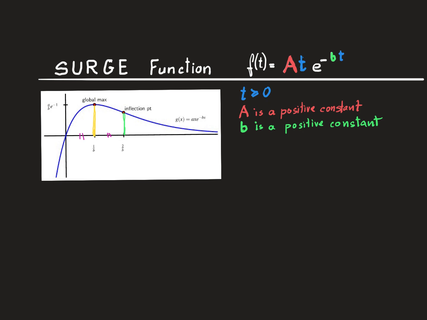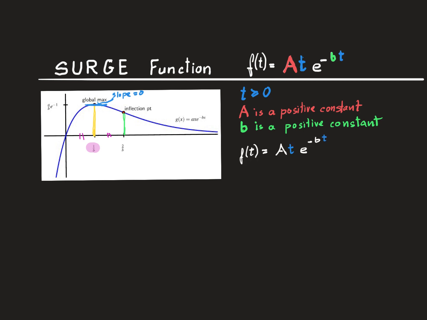So to prove that this function has a local maximum at 1 over b here, we need to show that the slope at that maximum is equal to 0. So therefore we need to differentiate this particular function first.